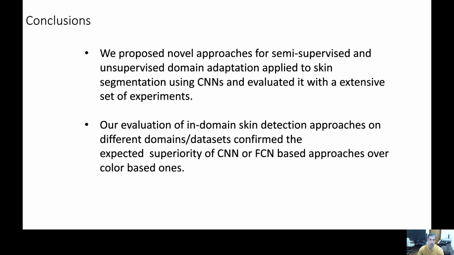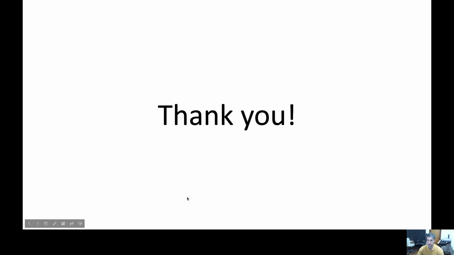Besides that, we proposed novel approaches for semi-supervised and unsupervised domain adaptation applied to skin segmentation using CNN and evaluated them with an extensive set of experiments. Our evaluation of in-domain skin detection approaches on different domains confirmed the expected superiority of CNN or FCN-based approaches over color-based ones. Thank you.